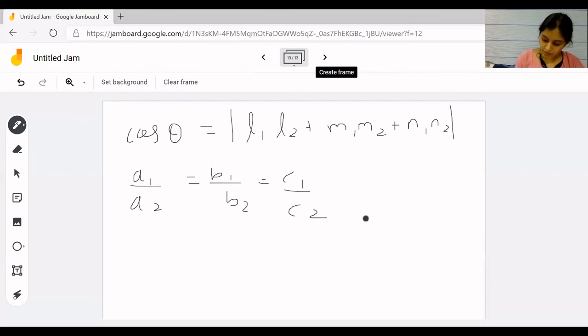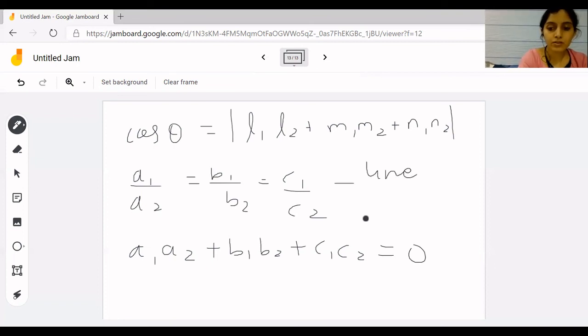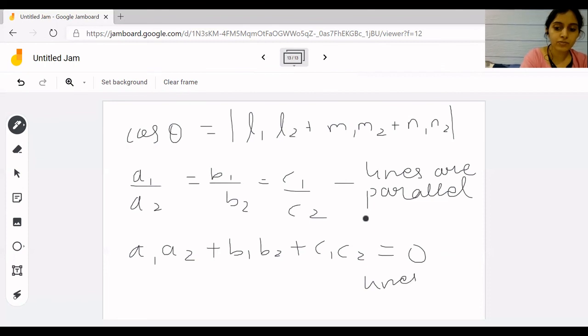And if direction ratios are given and lines are perpendicular, then we will have A1 A2 plus B1 B2 plus C1 C2 equal to 0. So if lines are parallel, then the direction ratios are proportional. If lines are perpendicular, then the sum of their products is 0.